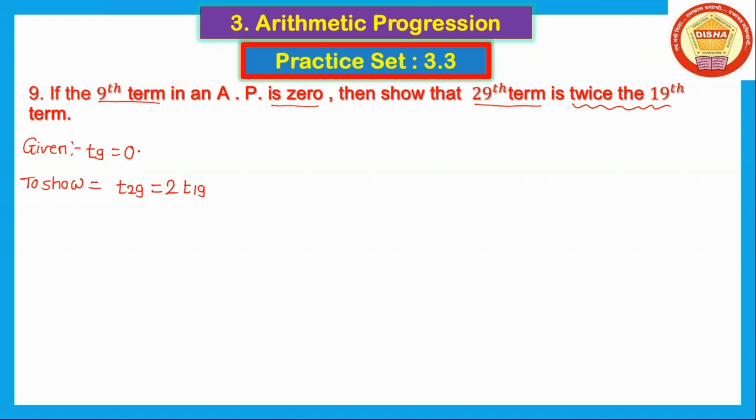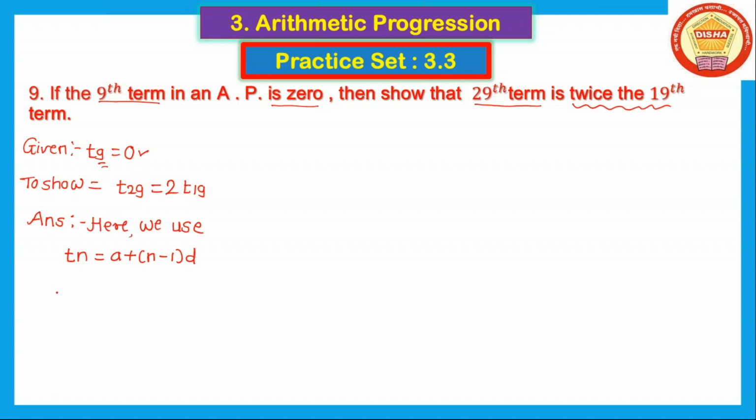Means only this part is given. From this given we have to show that 29th term is equal to twice the 19th term. All that are given in the form of terms. So here we use the formula, that is the formula of Tn. Tn is equal to a plus n minus 1 into d.